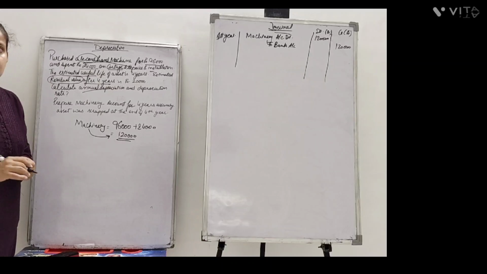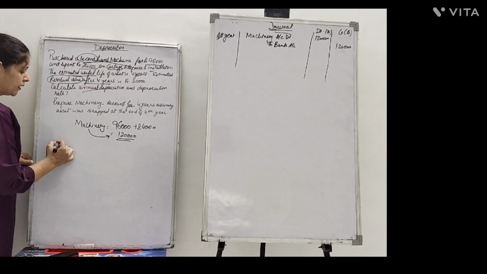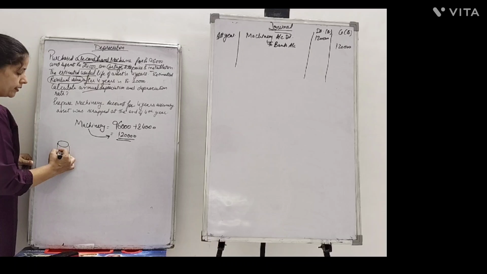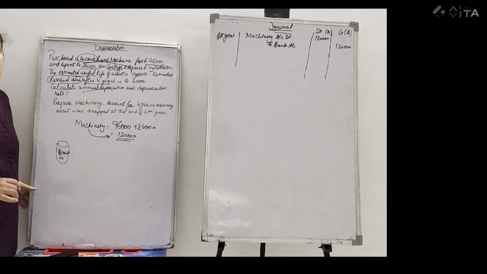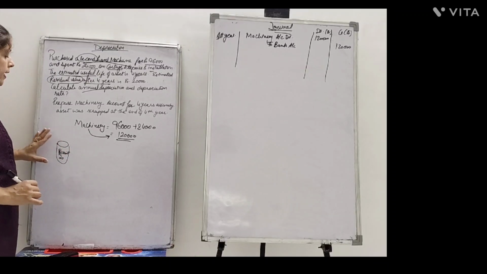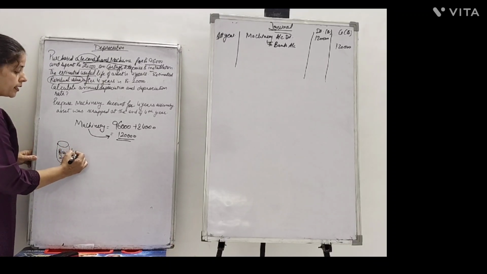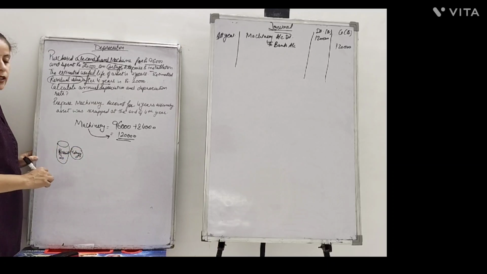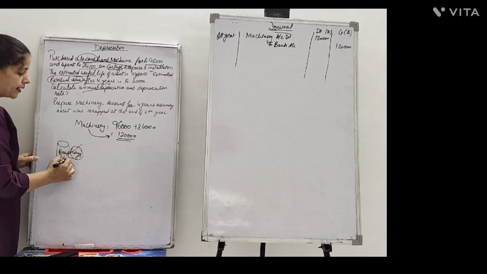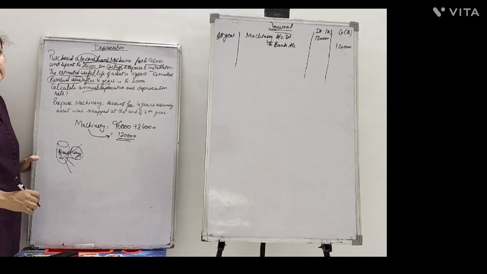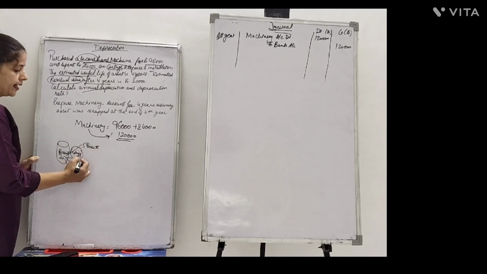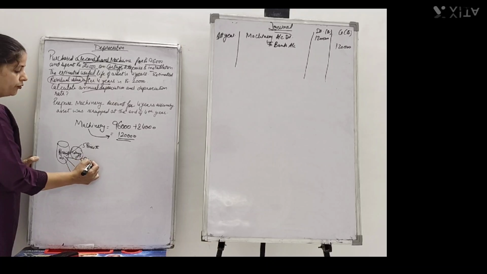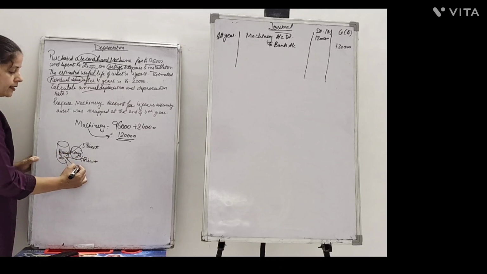If I ask you a simple question over here: there is one container having biscuits in it, right? Suppose there are 20 biscuits in this particular container. If it is to be consumed in 4 days, then how much would be the per day consumption of biscuits? You will say that 5 biscuits per day would be consumed to finish this container.